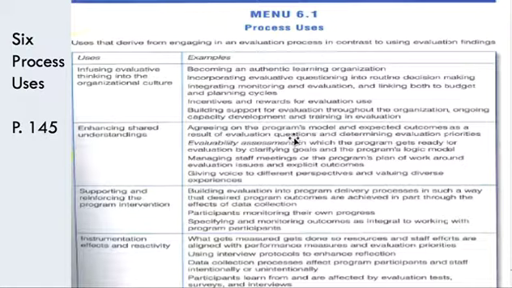So agreeing on the program's model and expected outcomes as a result of evaluation questions helps us determine those evaluation priorities. Some would call it evaluation assessment, in which the program gets ready for evaluation by clarifying their goals in the program's logic model. So this is very similar.